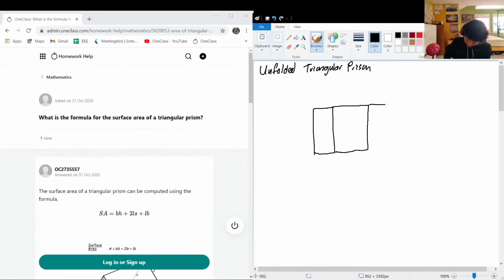They don't have to be the same size. And then we're going to have some triangles like this. Of course, we could have drawn the triangles other ways, but this way is perfectly valid. So this is an unfolded triangular prism, and let's give some descriptions to some of these lengths.